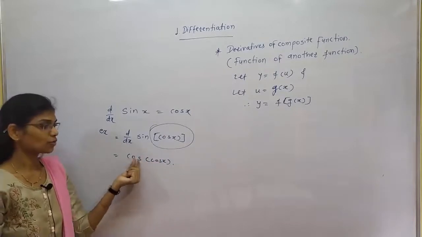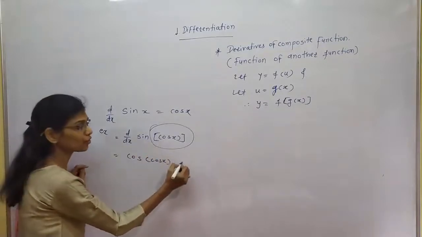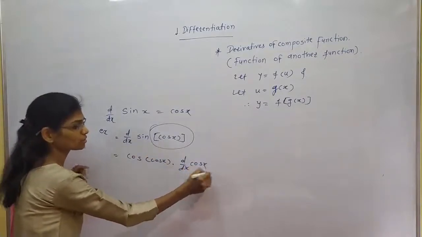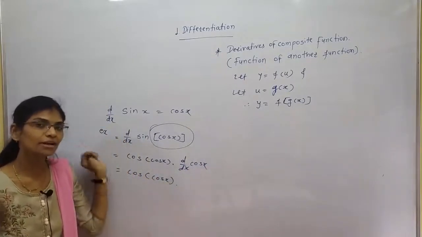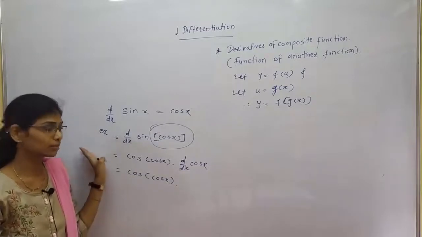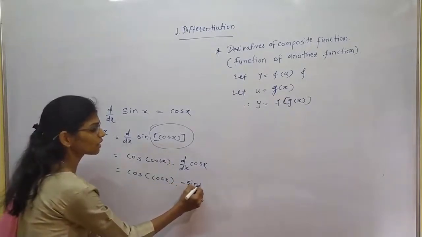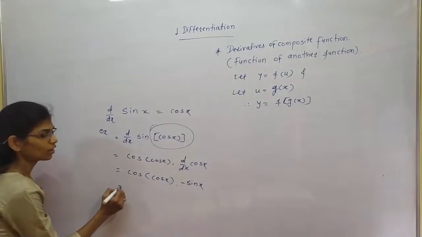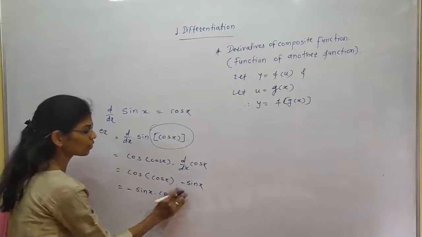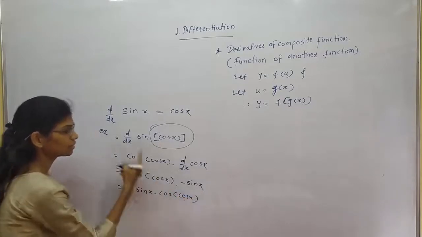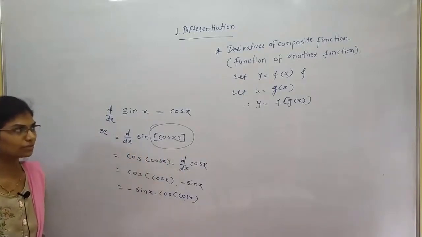Cos of cos x is the derivative for the sine of cos x, multiplied by the derivative of cos x, which in standard function is minus sin x. Therefore its final answer is minus sin x multiplied by cos of cos x, the derivative of the given function, and this one is a composite function.